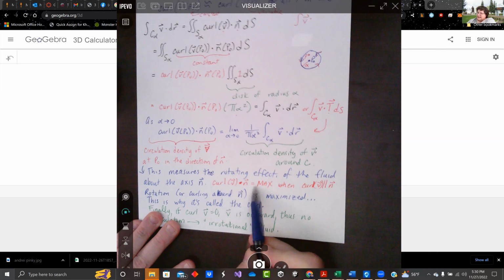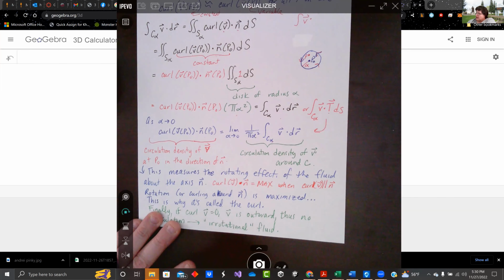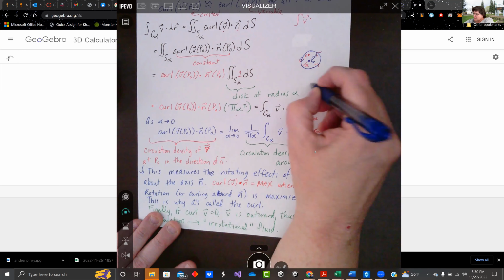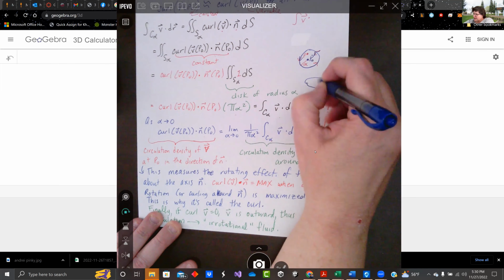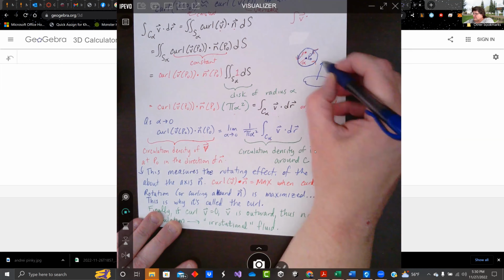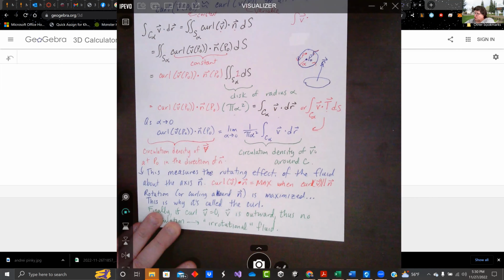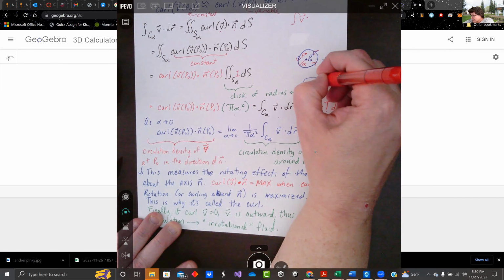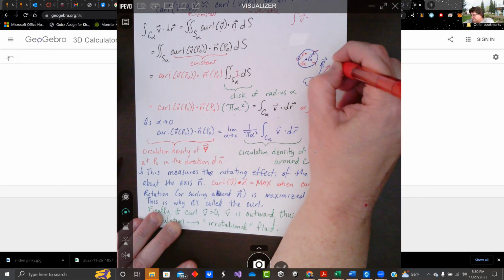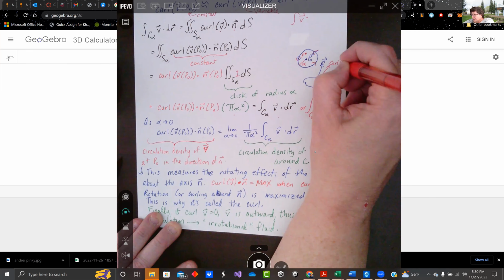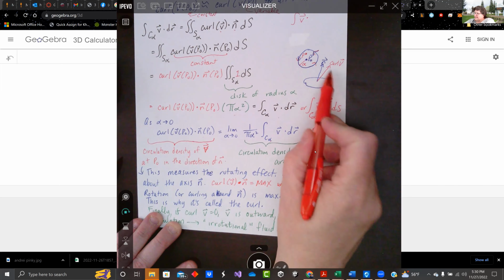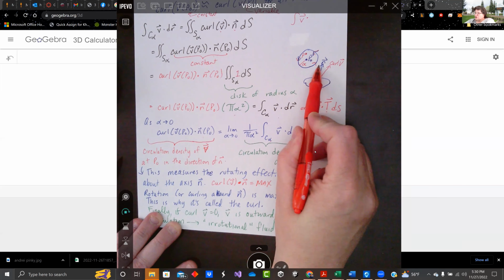The curl of V dot N is maximized when the curl of the vector field matches the normal vector. So if I draw at an angle and that's N, and that's the curl of V, the closer the curl of V is to N, the stronger this is getting.